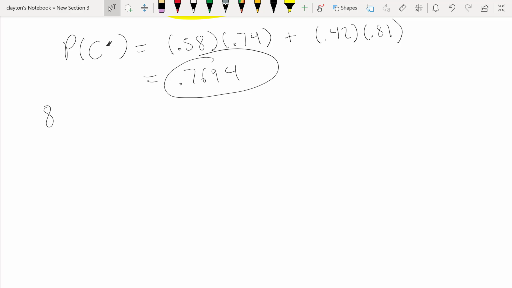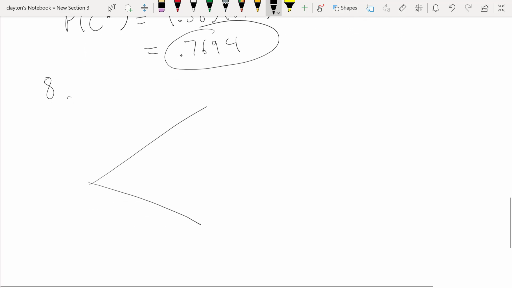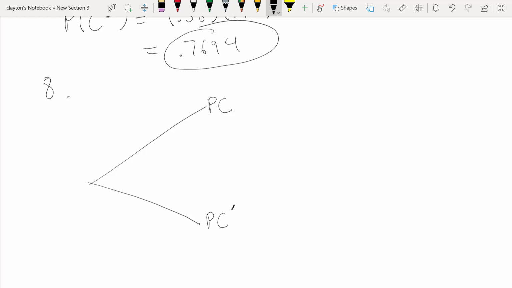And so it gives us our information kind of backwards here, because in the next sentence it says 95% of all senior majors go on to a career in physics. So we'll say physics career, and not physics career. Right, 95% are over here, 5% are over here, and then it also says only 40% of the seniors who go on to a career in physics still fail the test.